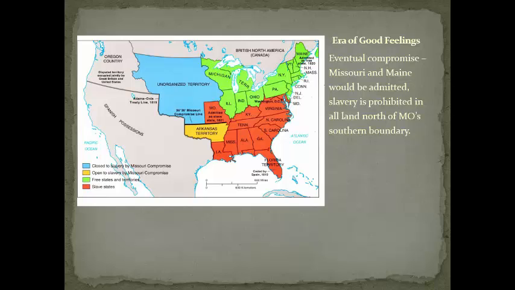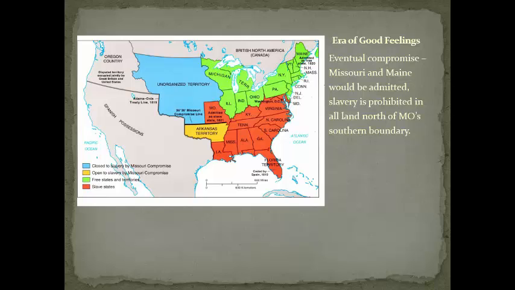And so if you're looking at the map, all the states in green are free states. All the states in that sort of reddish orange, those are slave states. So only the yellow territory, which is modern-day Oklahoma and Arkansas, only that territory is going to be open to slavery under the Missouri Compromise.